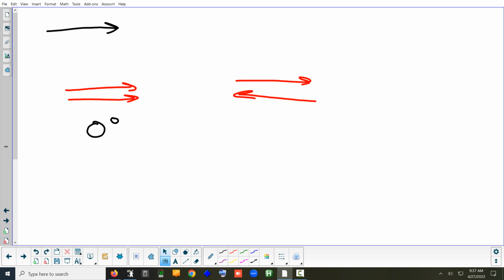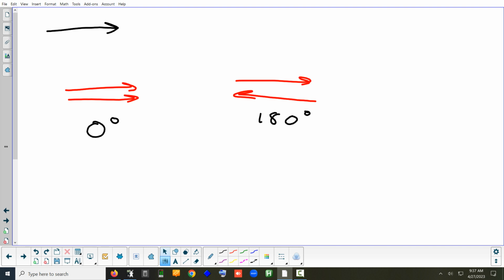It's like they're pointing the same way. Now, this one, you could think of more like this. Just kind of moving it to give you a hint. What do you think the angle would be between those two vectors? 180.